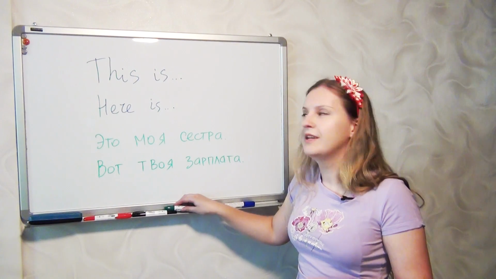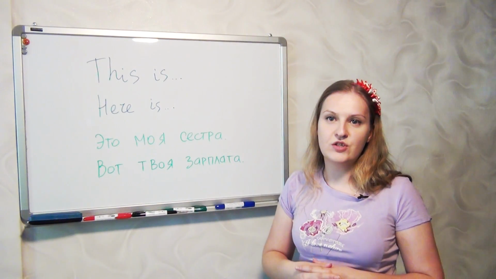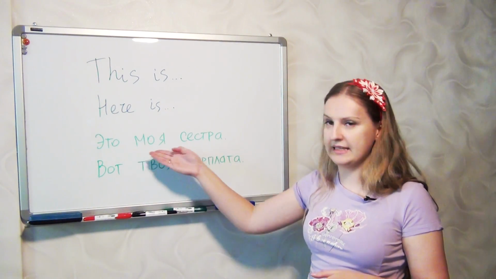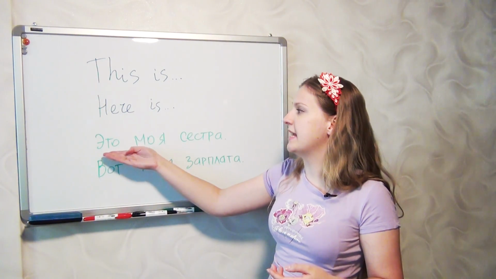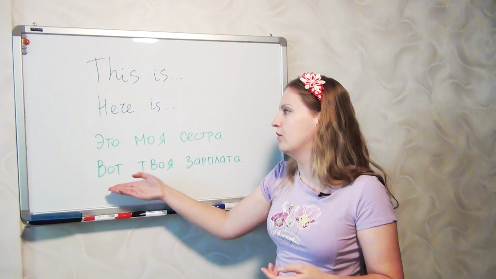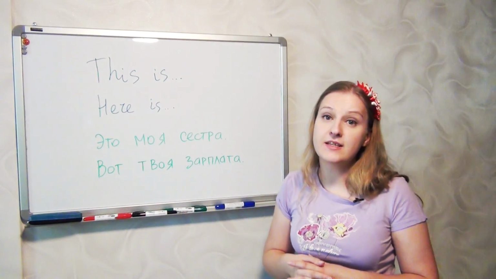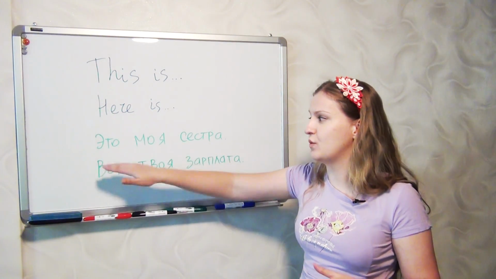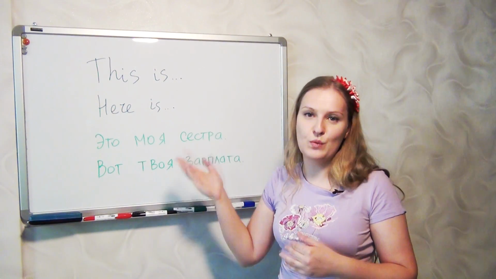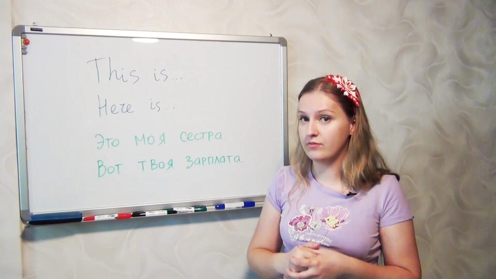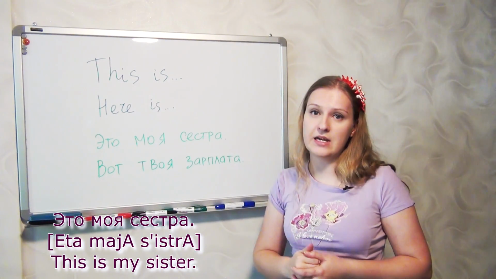In addition, when we deal with such constructions in Russian as это or вот, the equivalent would be это, this is, вот, here is. So in such construction, after these words это and вот, we use the words in the nominative case too. So, это моя сестра.